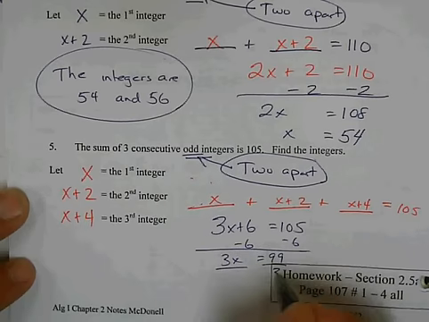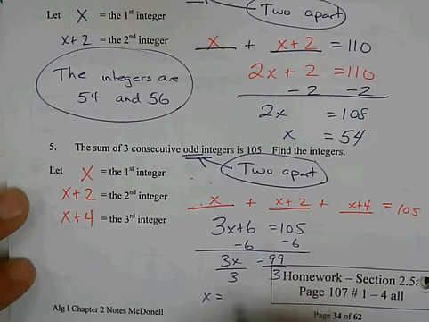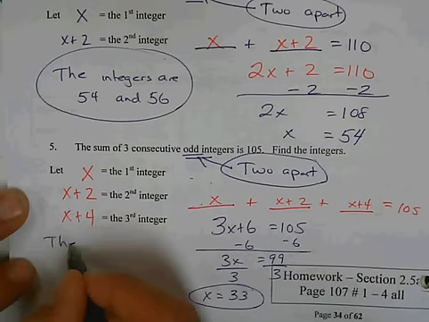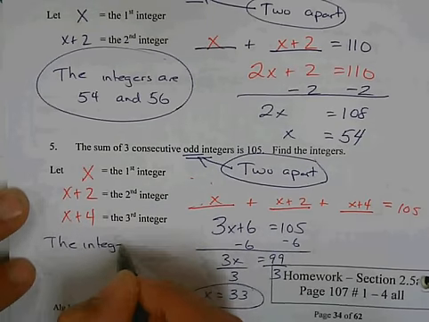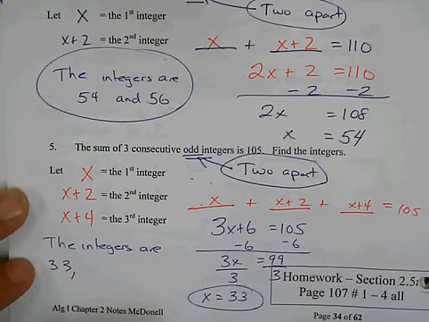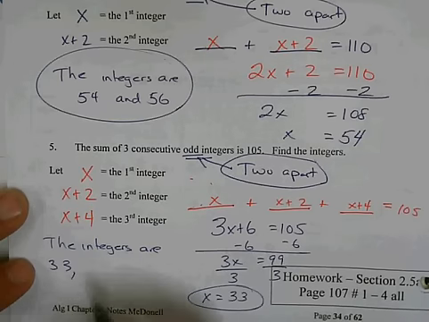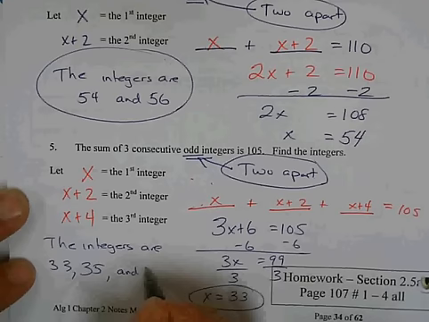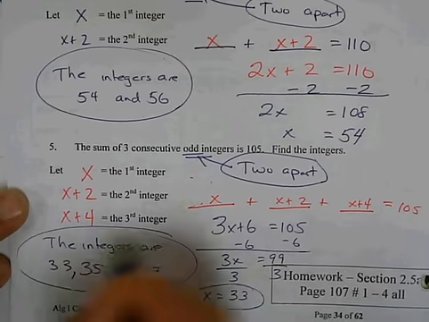Divide by 3. X equals 33. So, the integers are 33. What else? 35 and 37. Okay?